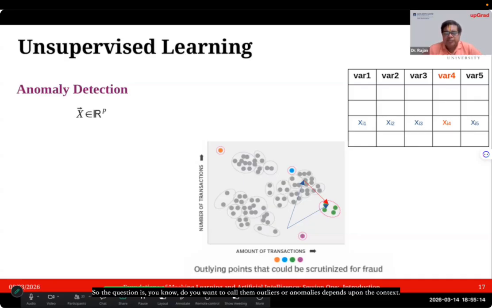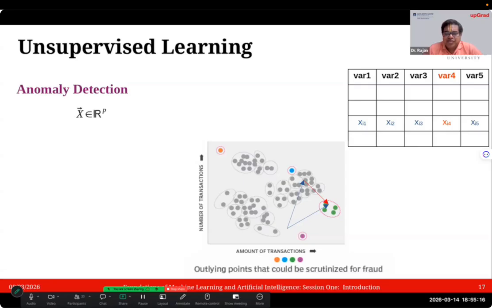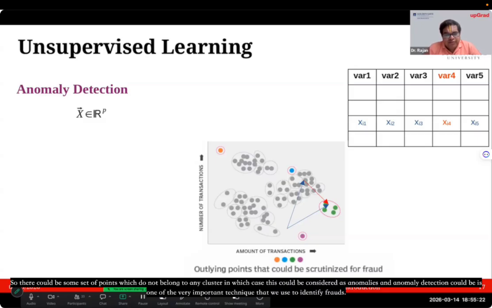It depends upon the context. So there could be some set of points which do not belong to any cluster, in which case these could be considered anomalies. And anomaly detection is one of the very important techniques that we use to identify frauds.